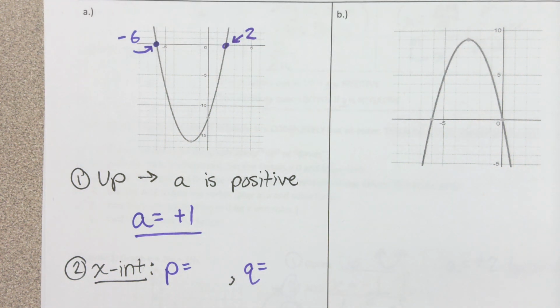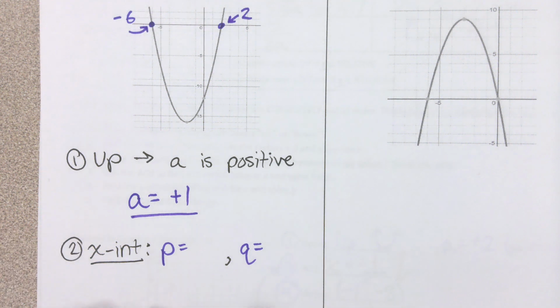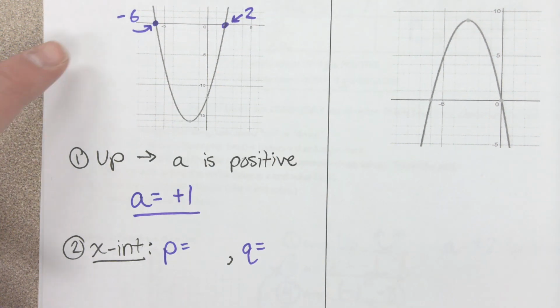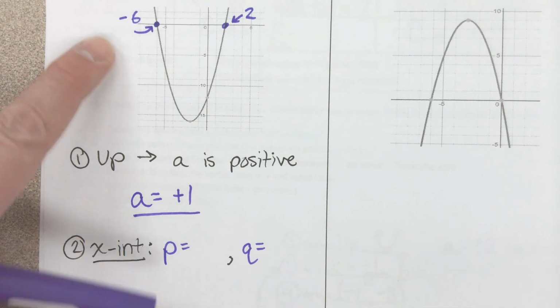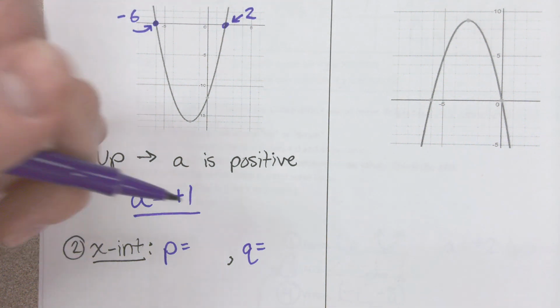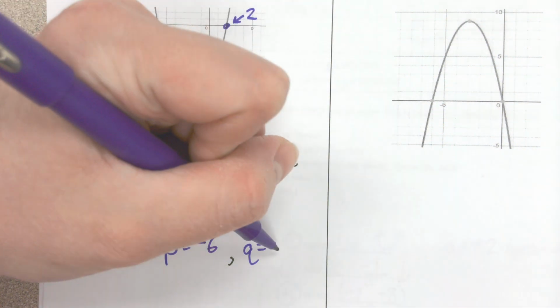For this problem, you don't have to write the points, negative 6, 0 and 2, 0. Just take the numbers, the x's. As far as P and Q, you pick. I typically go left, right. So if negative 6 is the one on the left, then that's my P. And the right one is Q. If you want to switch it, go ahead. That's up to you. P is negative 6 and Q is positive 2.